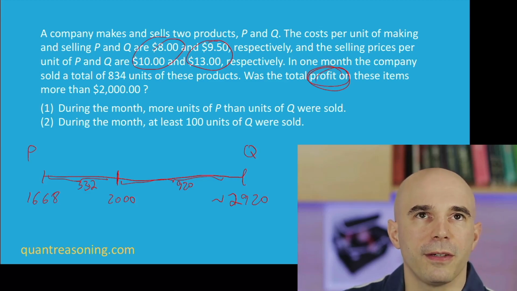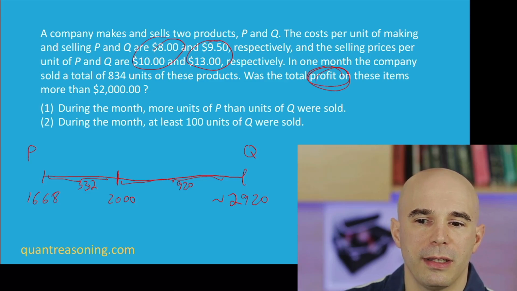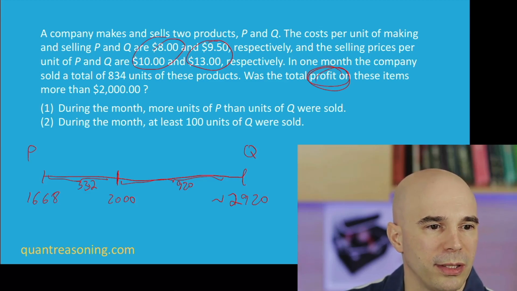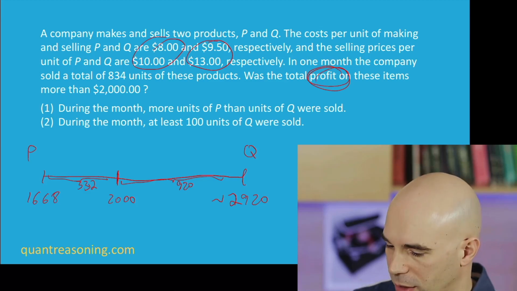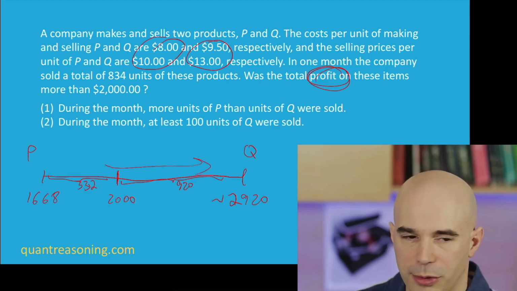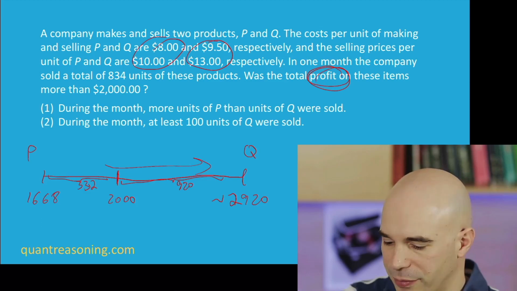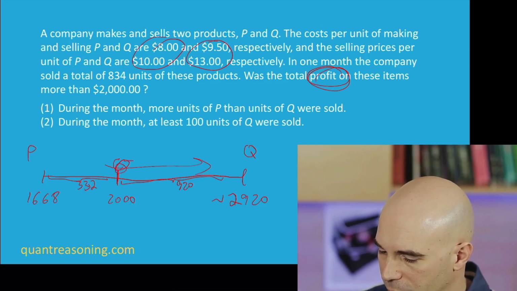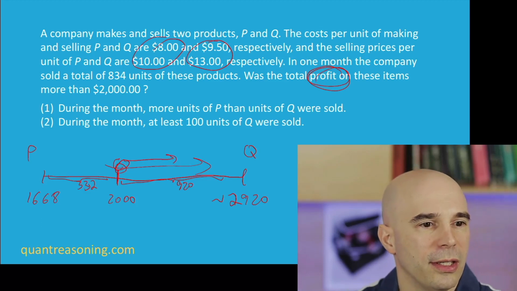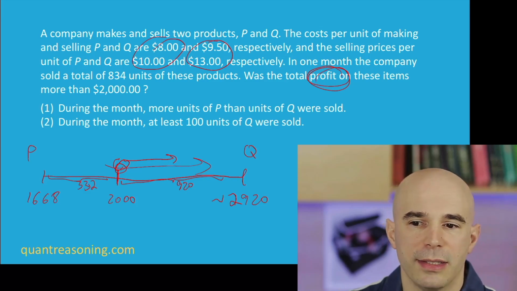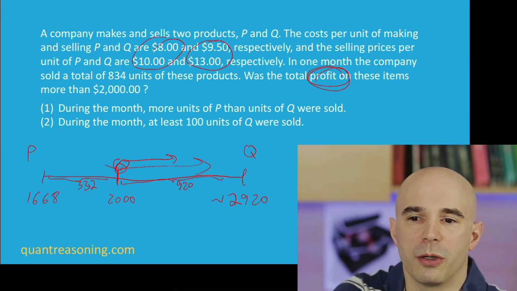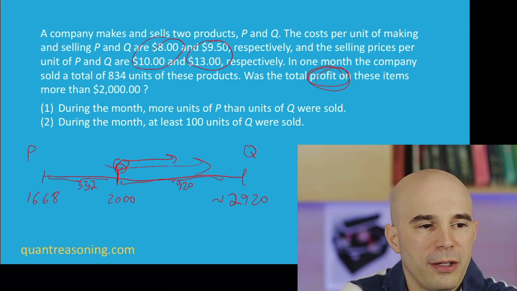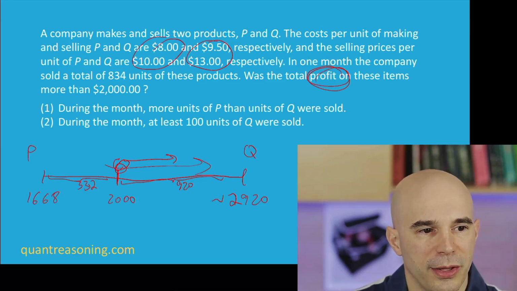I'm going to rephrase it further and ask, did we sell less than 3 times as much P as Q? Because the more of Q we sold, the closer we'll go to the Q side, to the right. And the question is asking, are we to the right of 2,000? So is more than a quarter of our product coming from Q? That's essentially what they're asking.